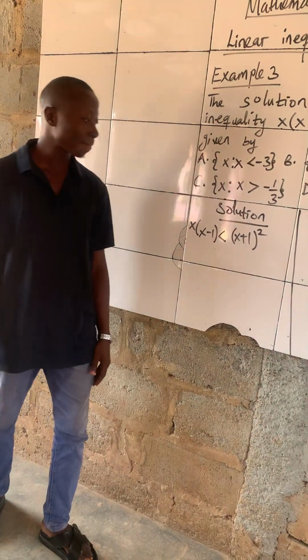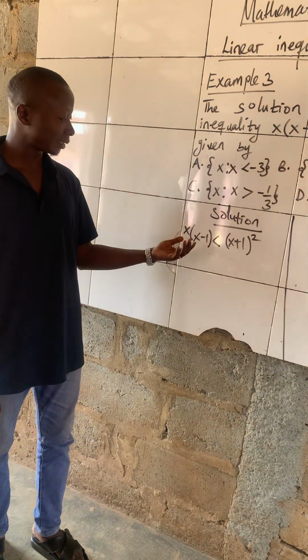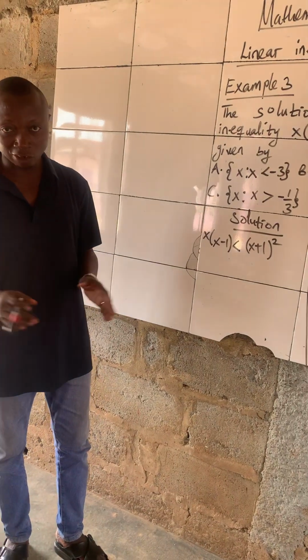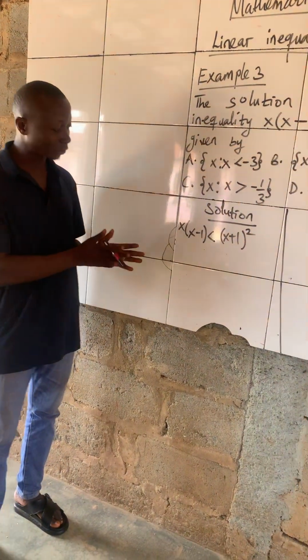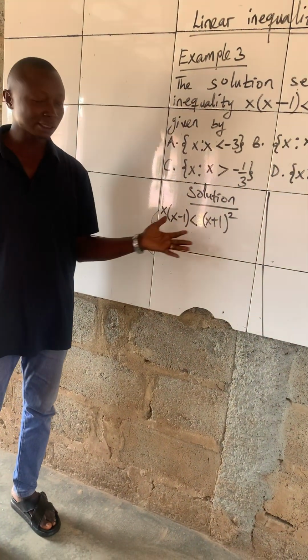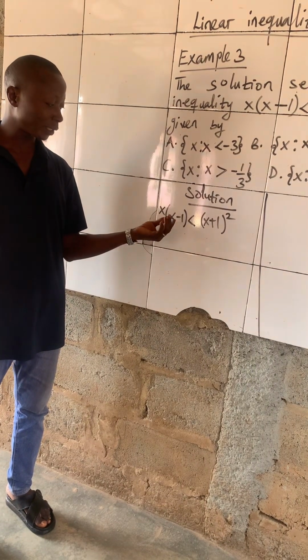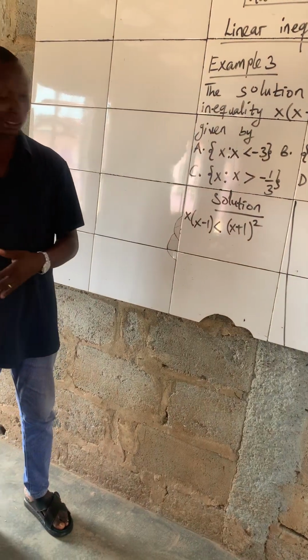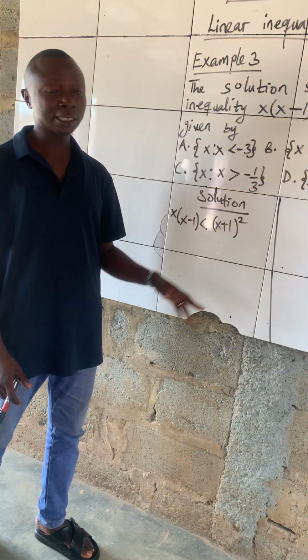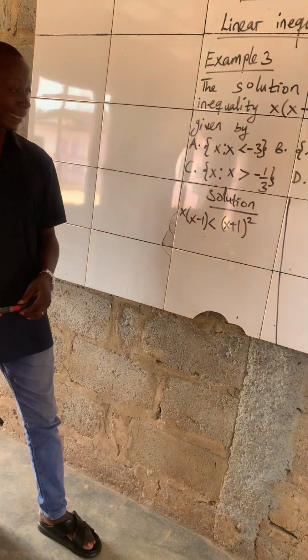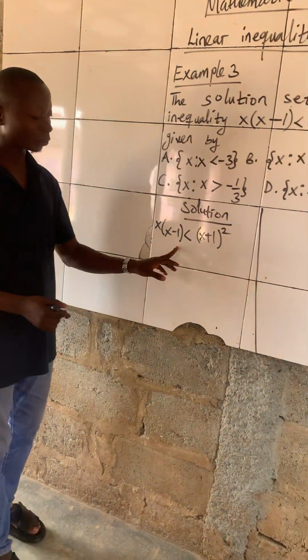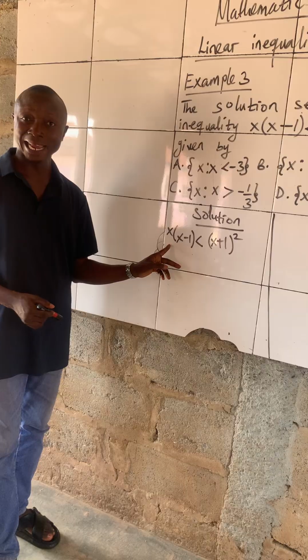Considering the order of BODMAS, we need to solve the bracket first. x - 1 are unlike terms, they cannot be subtracted. Similarly, x + 1 are unlike terms, so we cannot add. So we are going to multiply out these brackets using x.